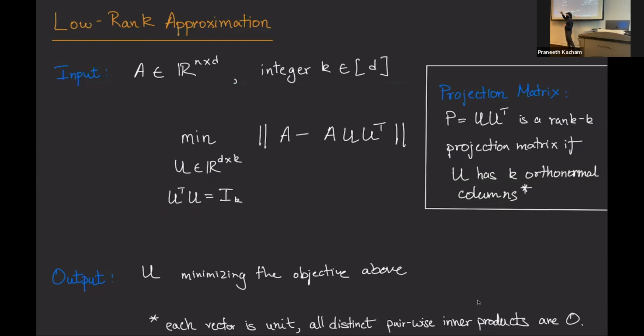So the inner product of each column with itself is going to be 1. And every off-diagonal entry in this matrix is going to be 0. So the inner product of any two distinct columns will be 0. Okay. So we get this optimization problem, which completely captures the problem that I started out with. And for the rest of the talk, we would like to see how to come up with algorithms to efficiently solve this optimization problem.